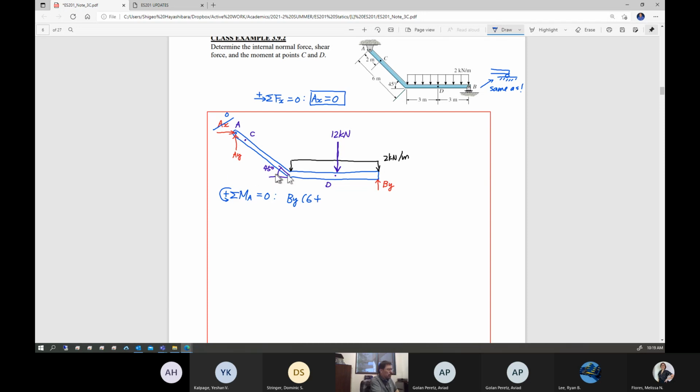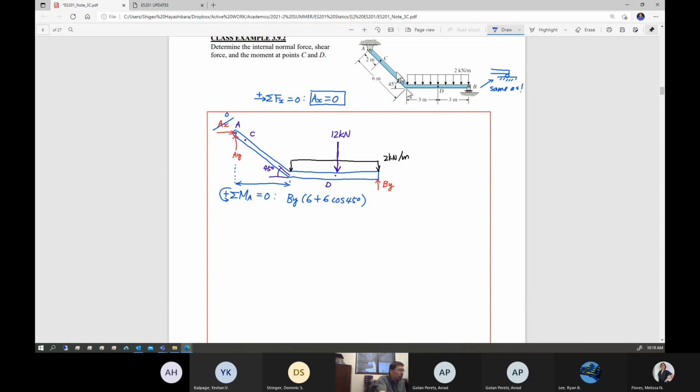What's this distance? Anybody? This distance. 6 cosine 45. Thank you. Appreciate that. So this is the 6. This is 6 plus 6 cosine 45, the moment arm.